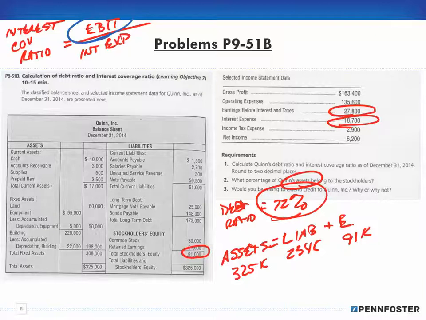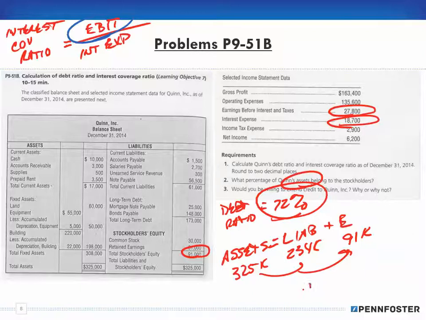I can take, let me do it like this. I'm doing some math on the calculator, right? I can take and say, oh, right, because I know that the difference between my assets and liability is my equity, and I want to know what portion of the assets belong to the stockholders. The difference between those two is this 91,000.